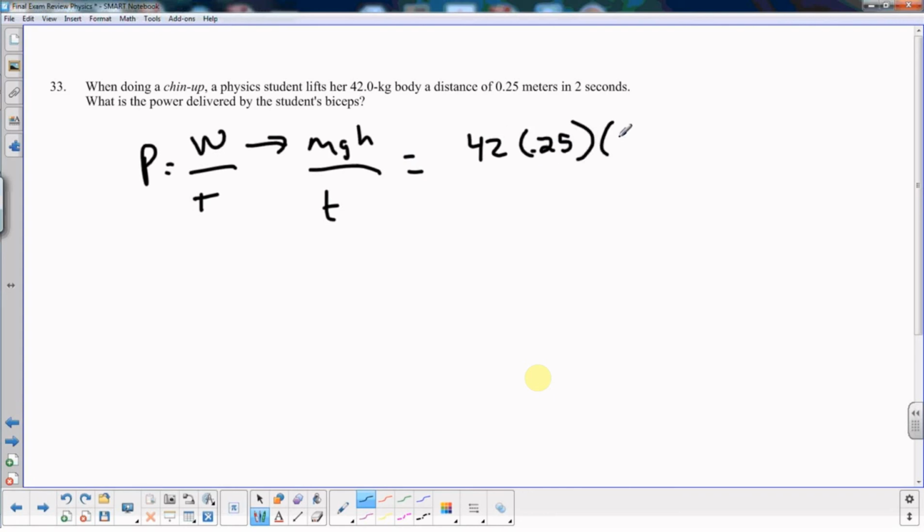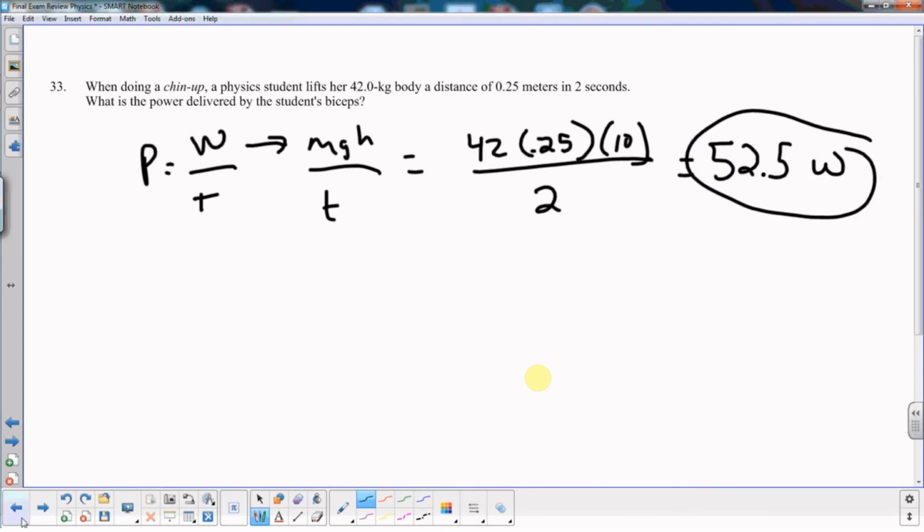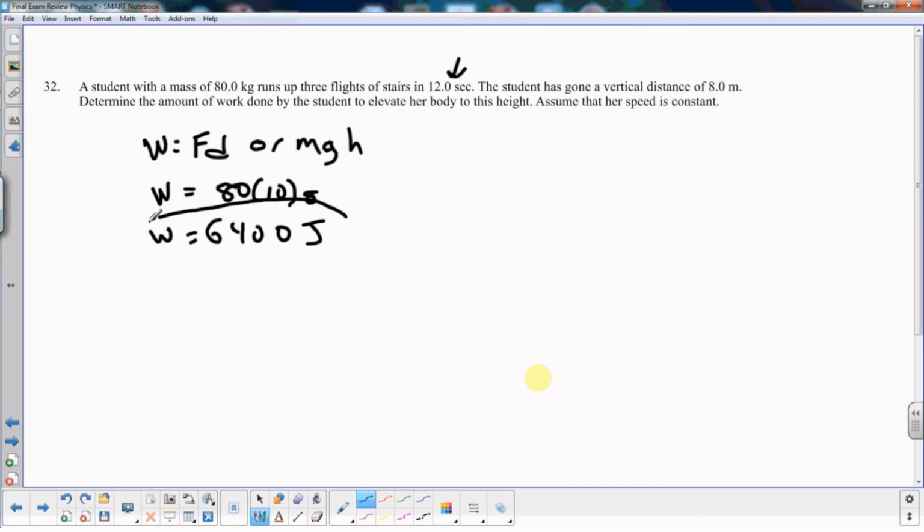So let's do that out. 42 times 0.25 times 10 divided by 2. 52.5 watts. I hope I remember that's joules per second. So 52.5 watts for that.